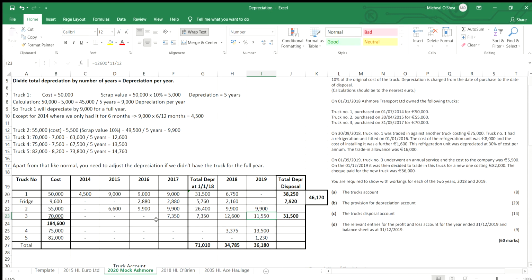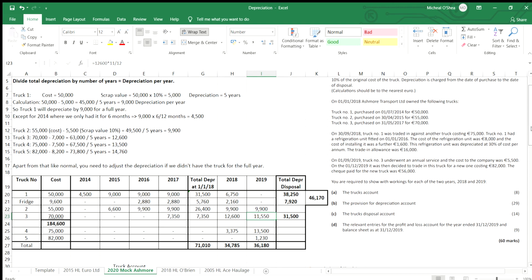If you sell something, you find the total depreciation on the item you've sold. In other words, for vehicle number 1 and the fridge, it's 46,170, and truck number 3, which we sold as well, total depreciation was 3,500. The only other figures that you need are the total depreciations each year. That's 2019's, that's 2018's, and that's the beginning of the question.